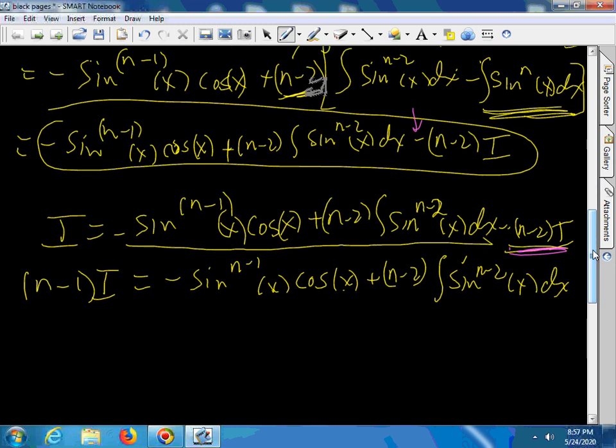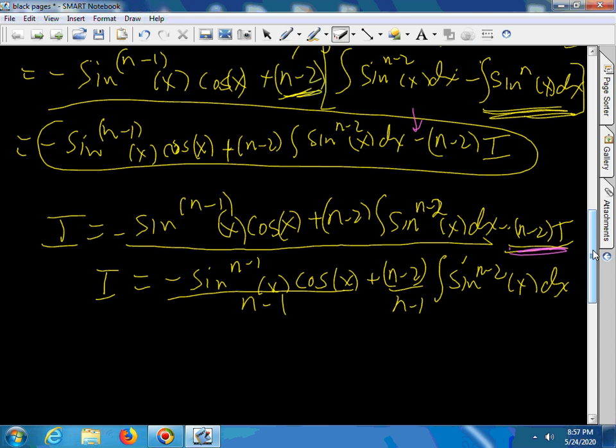And I don't want to know what n minus 1 times I equals. I want to know what I equals, which means all I have to do is divide both sides by n minus 1. And there's your reduction formula.